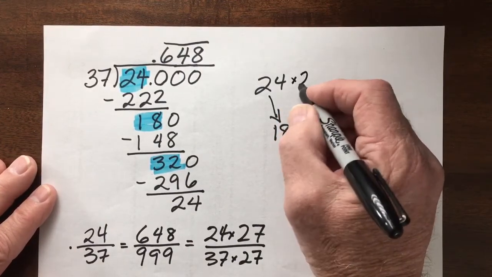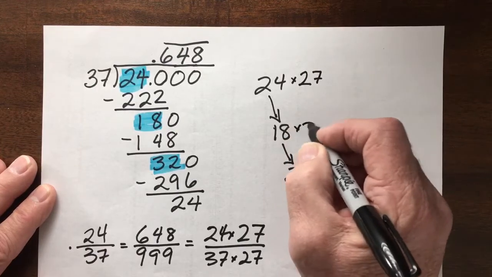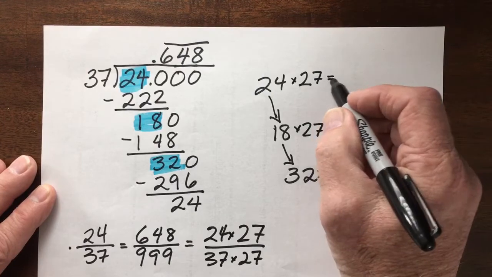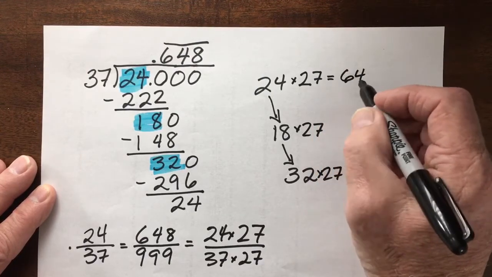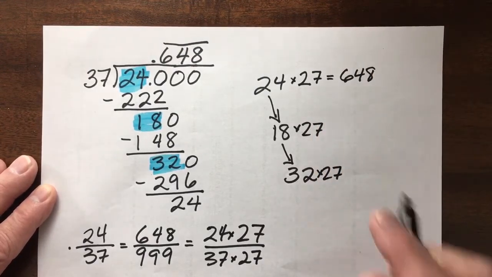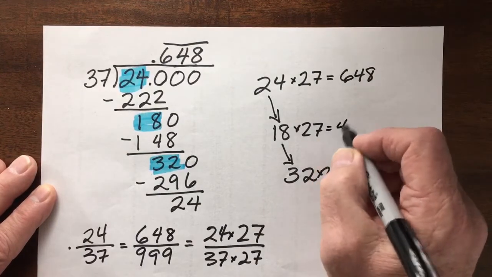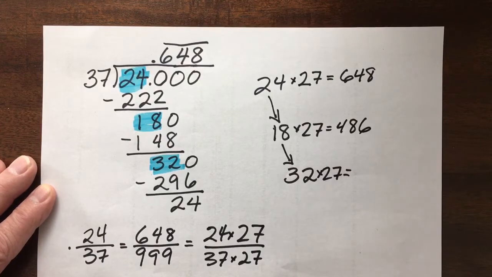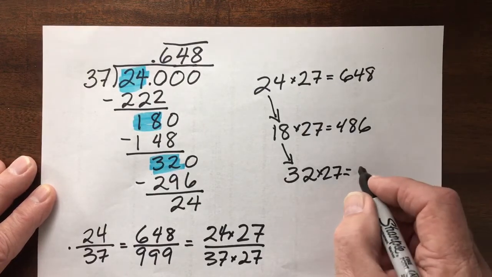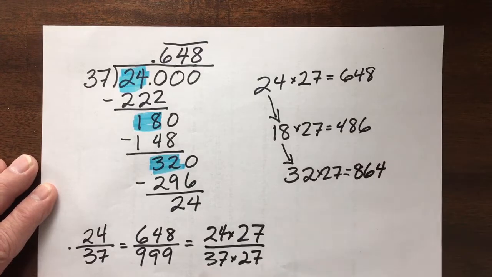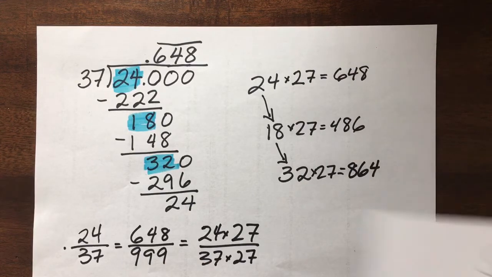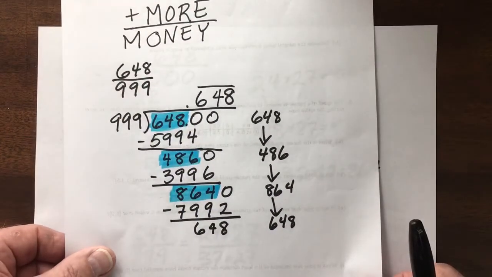If you multiply each of those by 27, you get 648, 486, and 864. The same remainders we got just a minute ago.